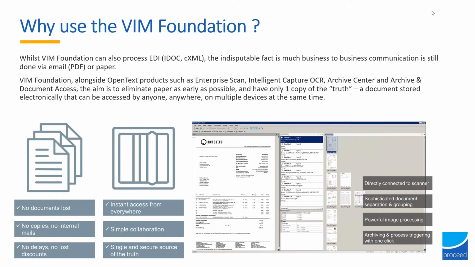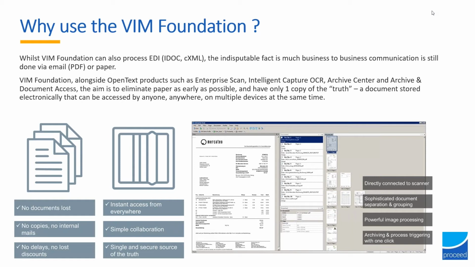The VIM Foundation, along with other OpenText products such as scanning, OCR (optical character recognition), Archive Center for storing documents securely, and archive and document access, which is like your Archive Center license for the SAP side, aims to eliminate paper as early in the process as possible. And if it comes as PDF, so much the better.